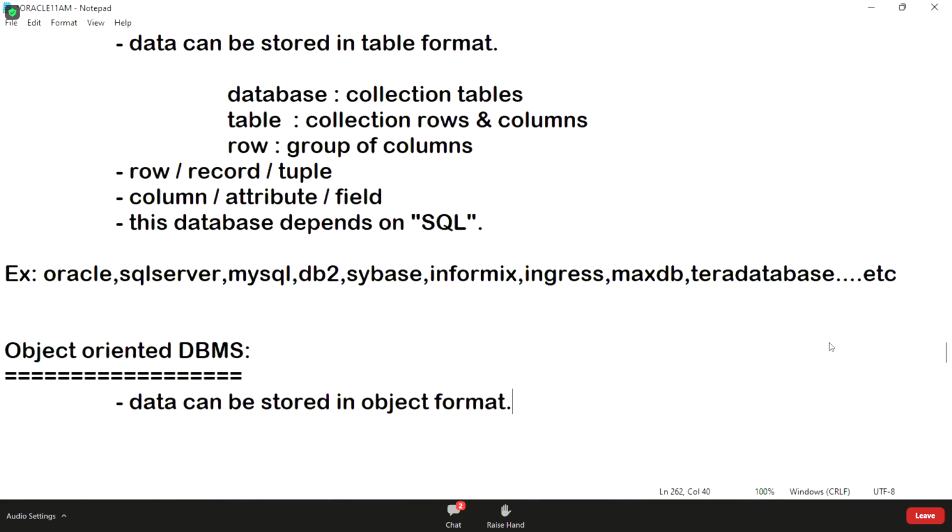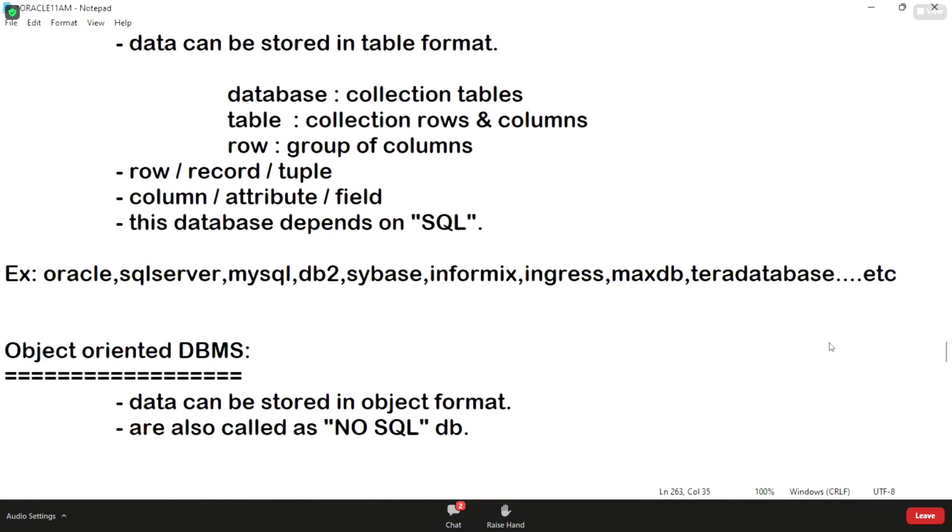The data is stored in object format, and object oriented databases are also called NoSQL databases.